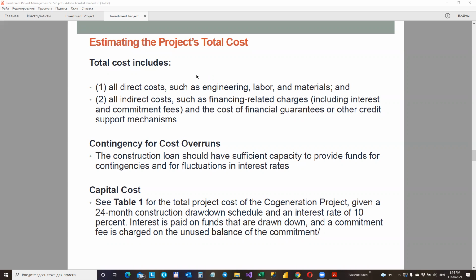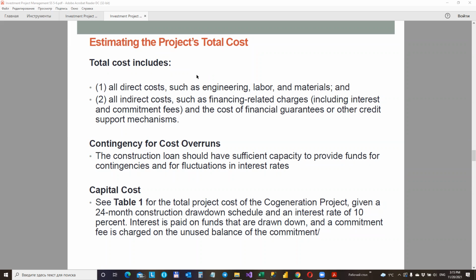First, you have to have some additional contingency amount of loan to allow for changes in the prices, etc. And at the same time, you have to minimize the amount of loan as much as possible, because you have to pay for this loan, and it all comes at a cost.